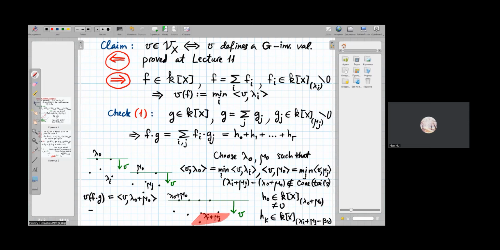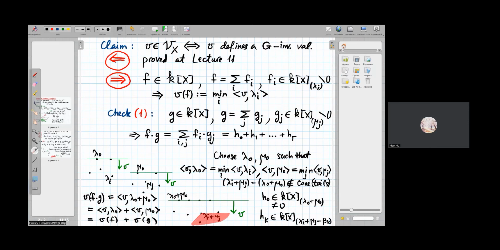And this is, of course, nothing but the sum of v pairing with lambda naught plus v pairing with mu naught, which is by definition v of f plus v of j, by the choice of lambda naught and mu naught, because they achieve minimal values. The values on lambda naught and mu naught are minimal among all these values.